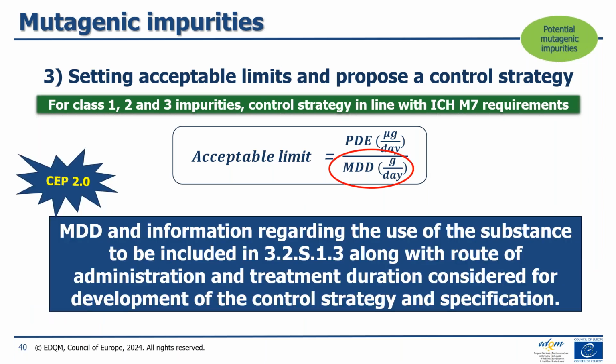And I'm taking the opportunity here to remind you that the maximum daily dose and information regarding the use of the substance is to be included in section 3.2.S.1.3, along with the route of administration and the treatment duration, which are considered for the development of your control strategy and where relevant specification.